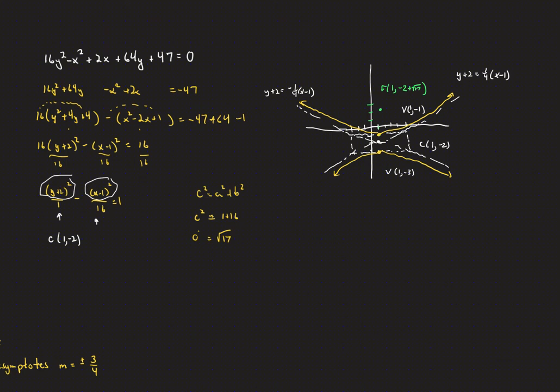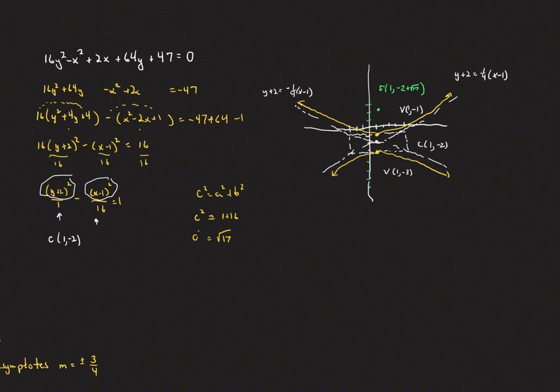And then we'll go down a little bit more than 4, so down 1, 2, 3, 4, and a little bit. That didn't work right. Let me try that again. So our other focus is going to be here, which is at 1 comma negative 2 minus the square root of 17.